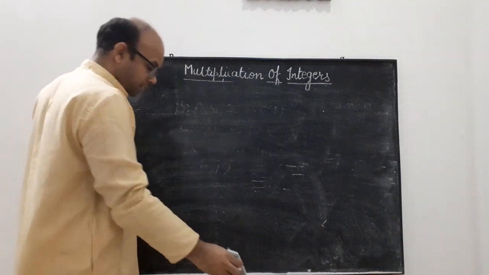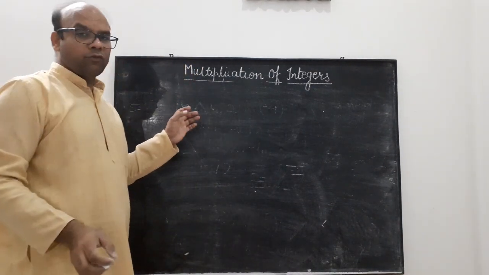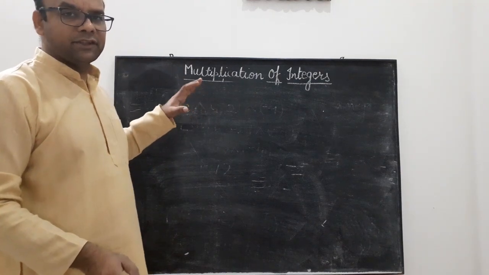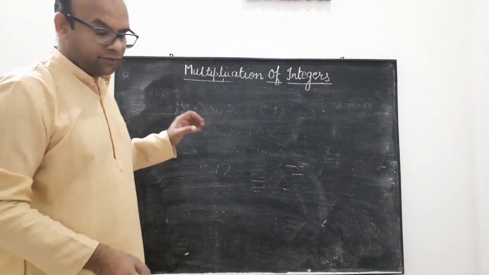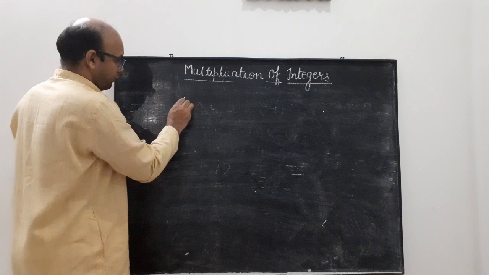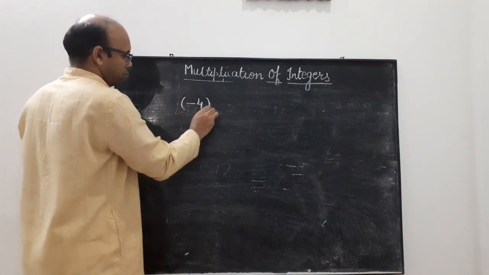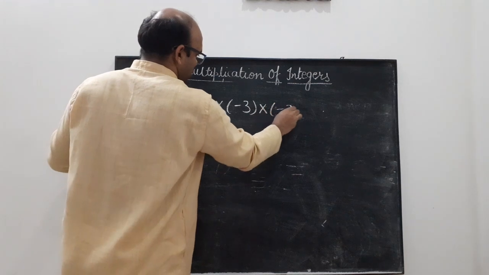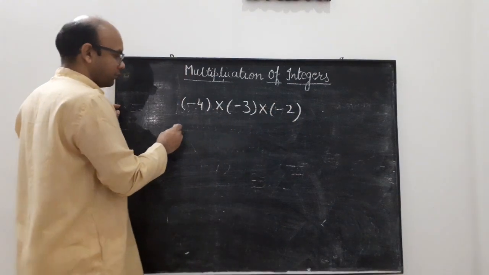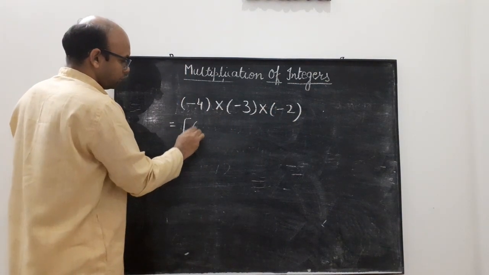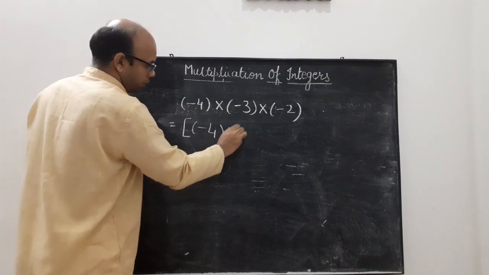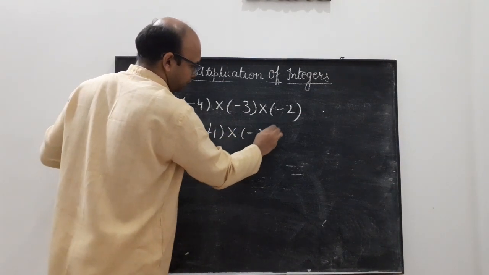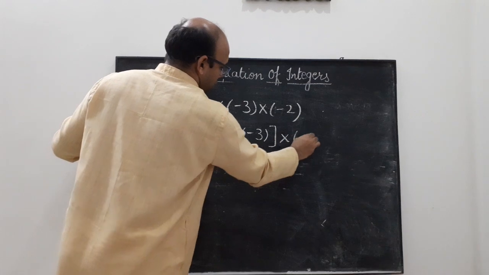Now, the next thing we have to investigate is what will happen if we are multiplying three negative integers. So if I have, say, minus 4 into minus 3, say into minus 2. Again we use the same concept. We pair them out. Minus 4 cross minus 3 into minus 2.